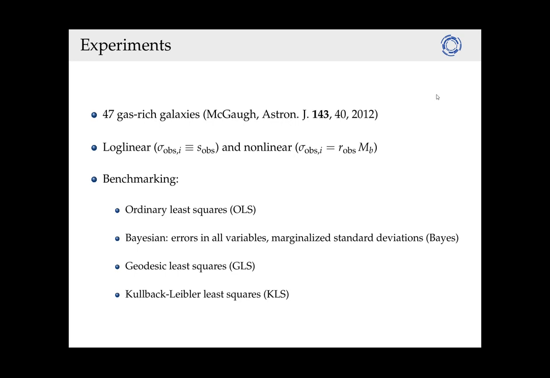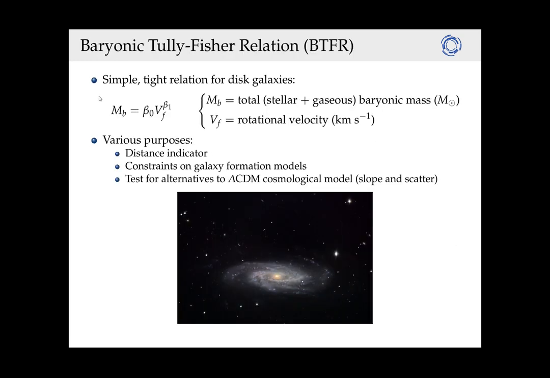So, simple experiment. We take data from 47 gas-rich galaxies, and we're going to do the following test. So, we have a power law relation here. Well, in the beginning I mentioned that it is extremely common practice to take the logarithm on both sides and then to assume that this becomes a linear regression problem.